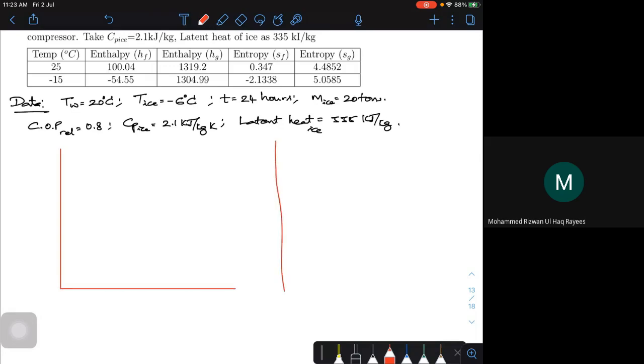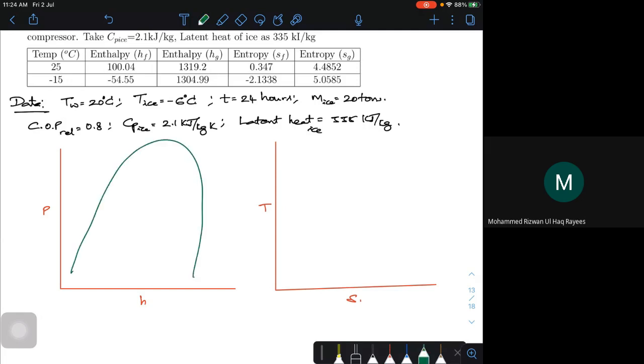Let me put the pressure-enthalpy diagram and the temperature-entropy diagram side by side so it will be easy for you to understand. You have to draw a dome like this for both the temperature-entropy diagram and the pressure-enthalpy diagram.